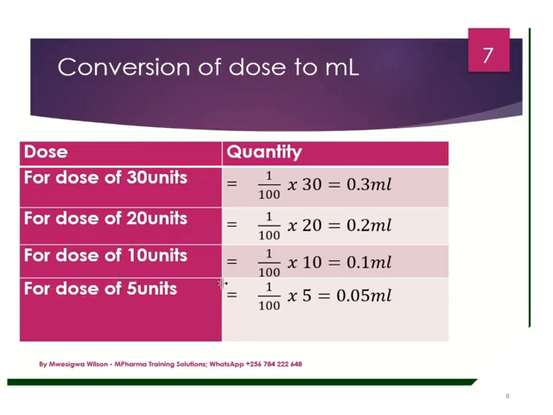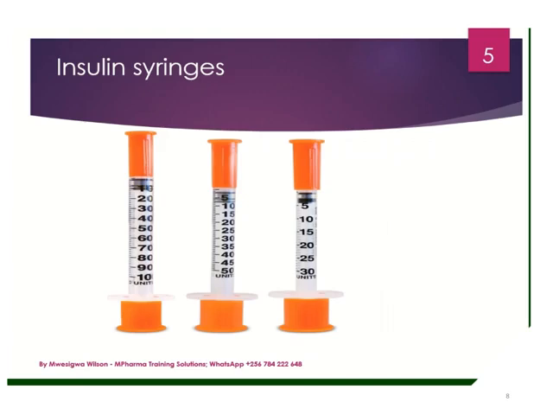For 5 units, it is just 5 over 100, giving 0.5... I mean 0.05 ml. You can easily use first principles. But to avoid that, these insulin syringes have been calibrated in terms of units, as we saw here, to avoid that conversion. But mathematically, a lot of questions can be asked on this.